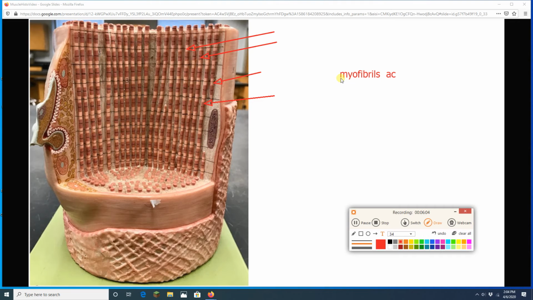The myofibrils have actin and myosin in them. Remember from the histology lecture, actin and myosin overlap in a repeating pattern, and we can actually see the striations. We can see striations in here. Dark, light, dark, light. Those are striations. Because we got myofibrils, and myofibrils have actin and myosin, myofibrils are going to be what lets this muscle cell contract.